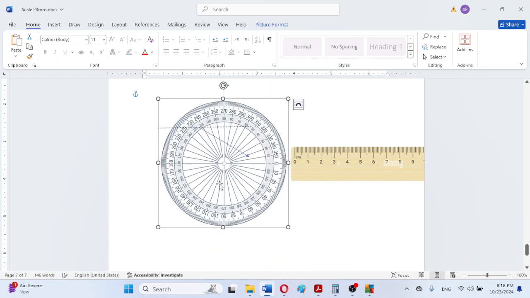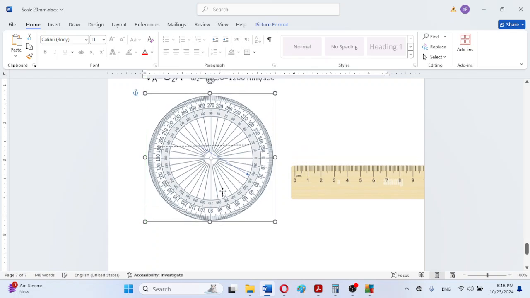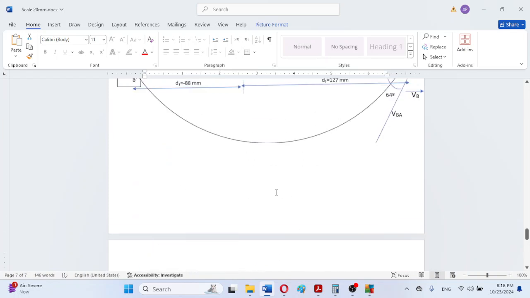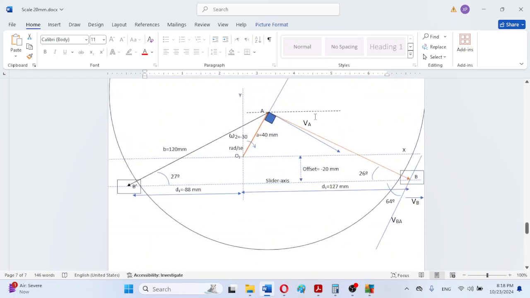So we place the protractor here, and now we confirm that theta 2 is 60 degrees.